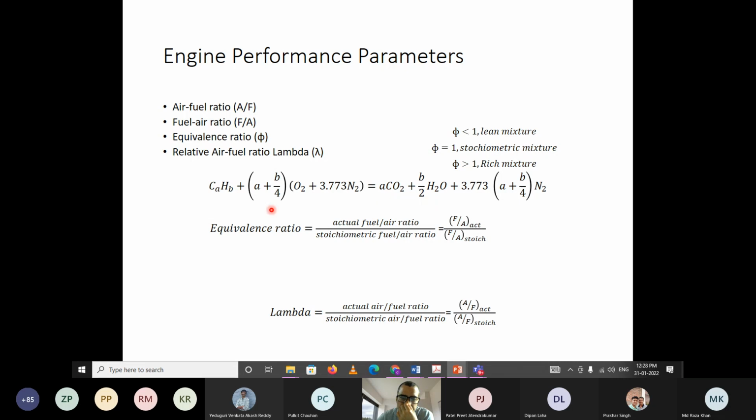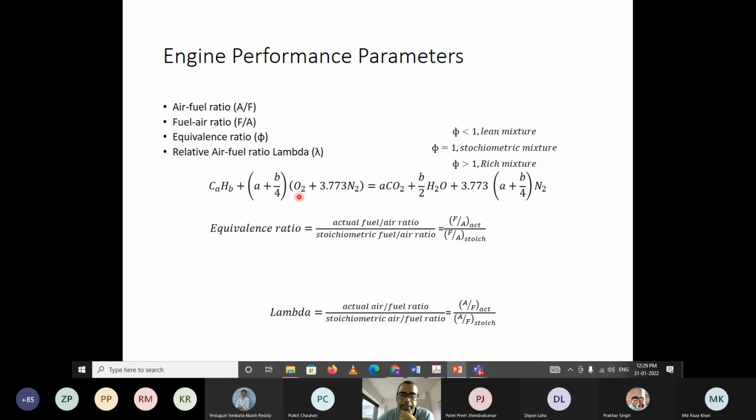So what we are talking about in these equations, we did this kind of practice, I hope, in your thermodynamics. For a given fuel, let us say the fuel is a hydrocarbon that contains carbon and hydrogen, and it is oxidizing completely. That is what we call stoichiometric combustion or chemically correct air fuel mixture. So a hydrocarbon containing carbon and hydrogen is completely oxidized with the air.